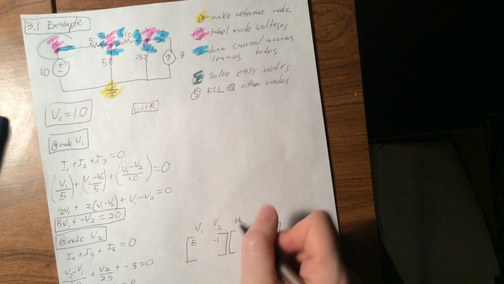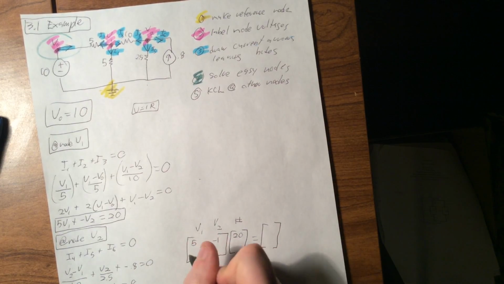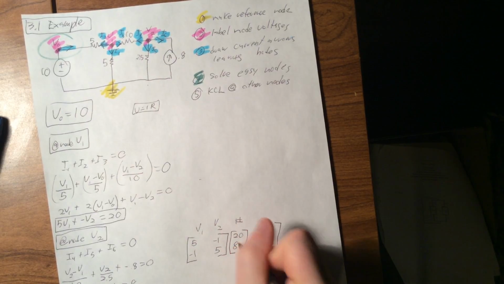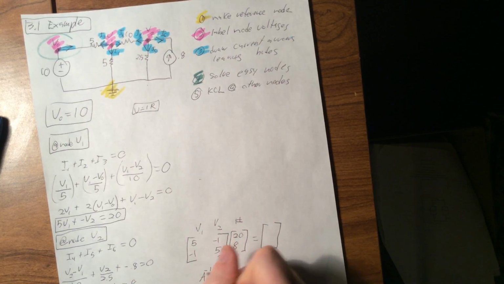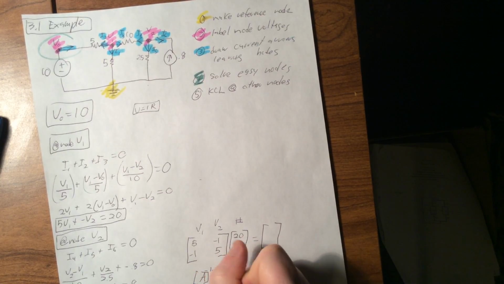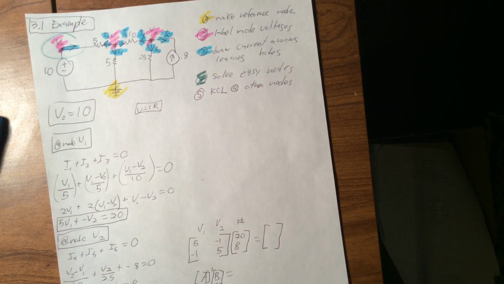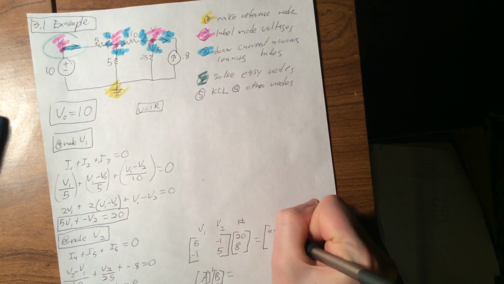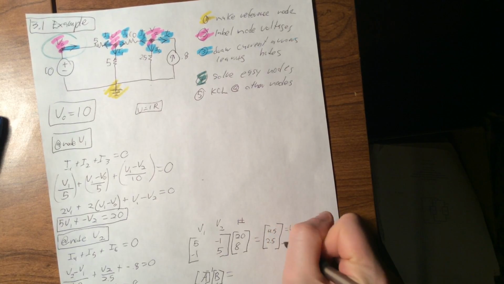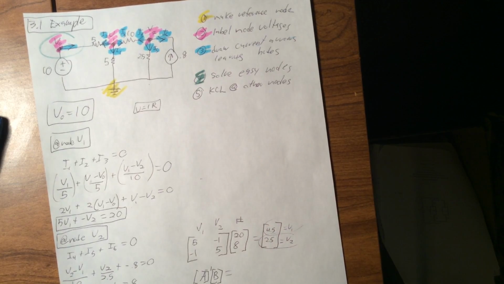We've got 20. Let's look at down here. We've got minus 1. We've got 5. We've got 8. So A inverse times B in your calculator is going to pump out the answer of 4.5 and 2.5, and this equals V1, and this equals V2. That's your solution set, those two.